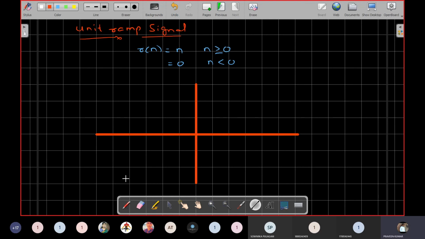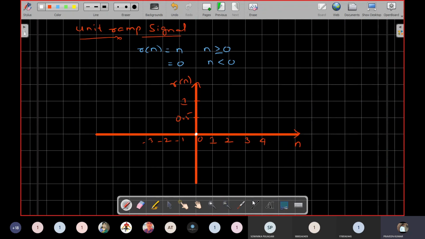Take the axes: the x-axis is time n, and the y-axis is amplitude r of n. Along the y-axis one unit is 0.5, and along the x-axis each unit is 1 second. Now the graphical representation for positive time, when n is greater than or equal to 0: the amplitude is equal to n. So at n equal to 0, amplitude is 0.